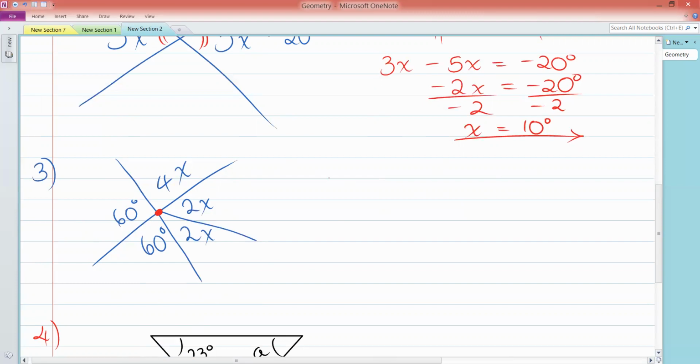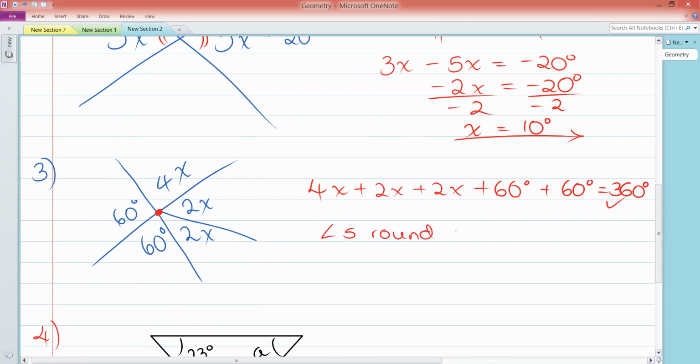Okay, cool. So all I have to do here is say 4x plus 2x plus 2x plus 60 equals 360. Just for doing that, you get your mark for your statement. Your reason is angles round a pt.